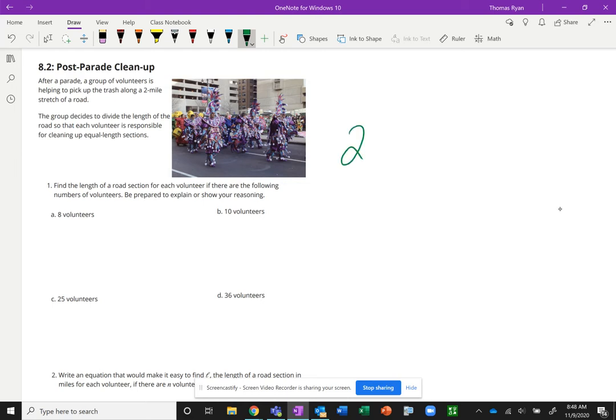Well, we know that we have 2 miles, and we are splitting those 2 miles by a certain number of people. So let's keep it simple.